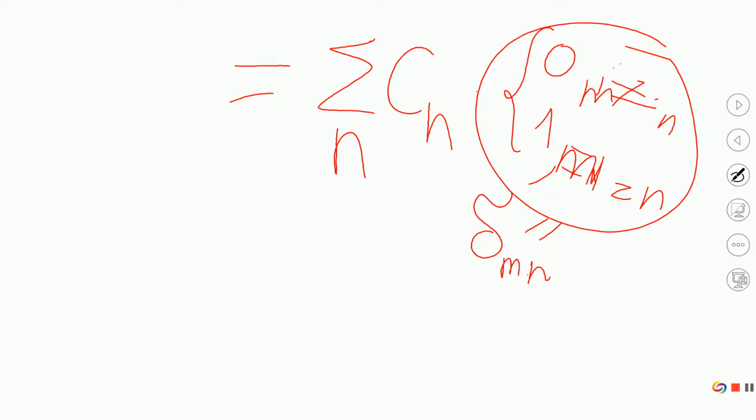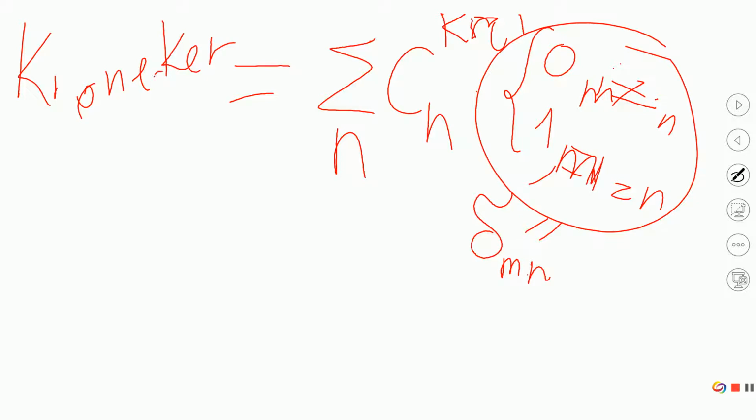So it is a symbol that will correspond to 0 if they miss each other, and 1 if they coincide. Kronecker.